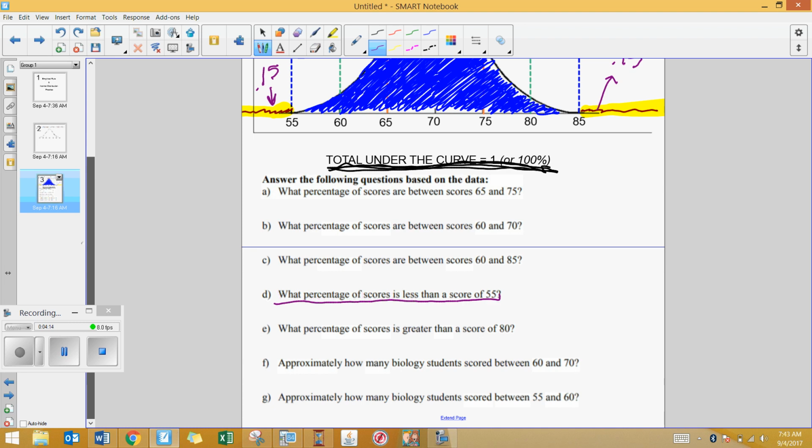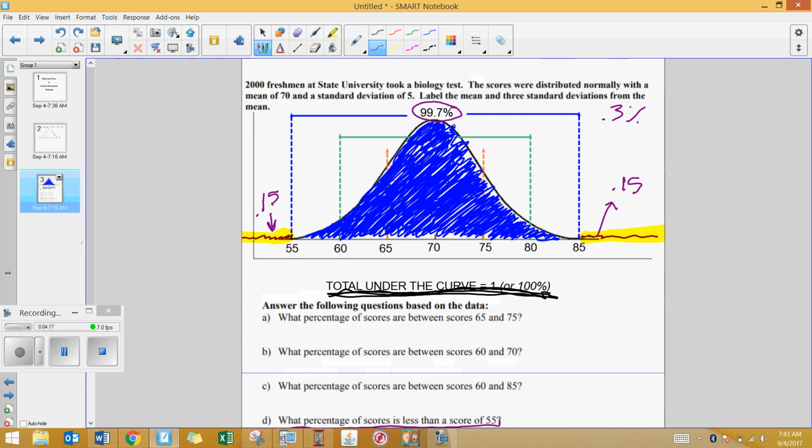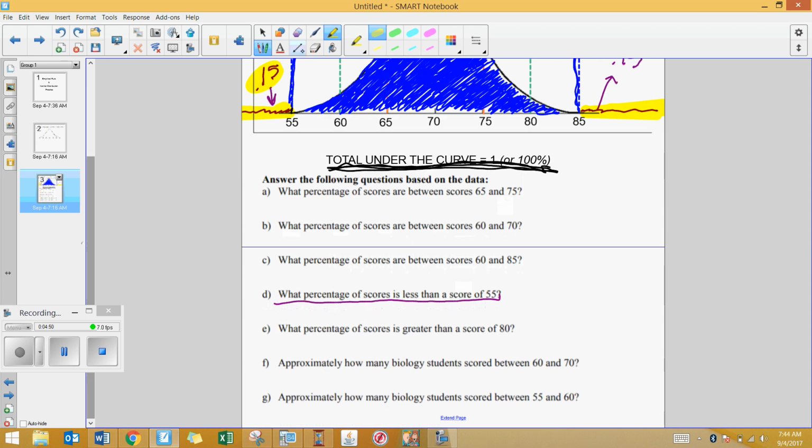Well, if we're looking up here at the picture we just drew, this 3 standard deviations out in both directions, this blue 3 and 3, that blue shaded area gives us 99.7, which means the remaining 0.3% is in these highlighted areas off to negative infinity and positive infinity. Well, less than 55 is going to be that 0.15% of people. So that's going to be the answer to D. So go ahead and jot that down.